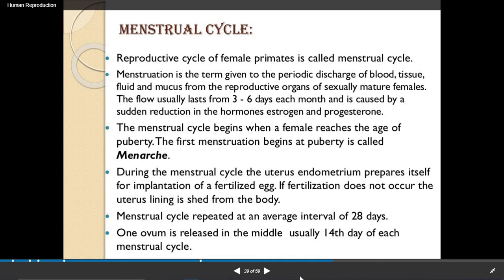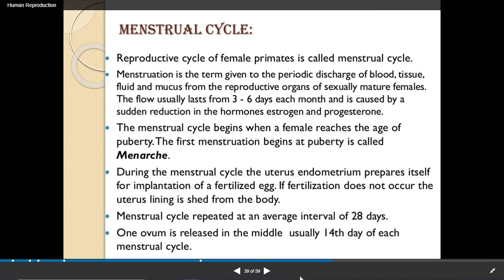During the menstrual cycle, the uterine endometrium prepares itself for implantation of the fertilized egg. Once fusion occurs between the male gamete, the sperm, and the ovum, it is known as a fertilized egg, and this cycle prepares for the implantation, meaning the attachment of the fertilized egg.